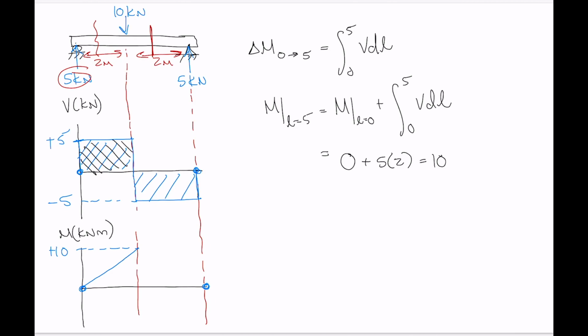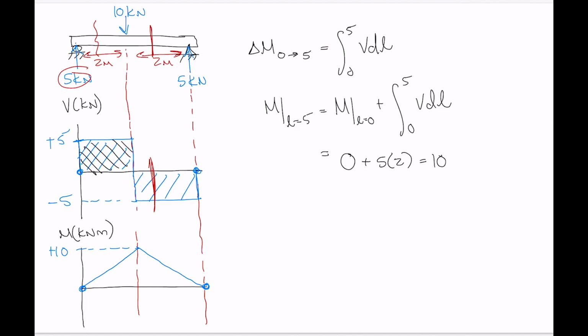All right, now we're moving into the next portion of the curve right here. And what we need to look at is just the value of shear, because that gives us the slope of the moment diagram. So the value of shear is -5, so the slope of the moment diagram is -5. Linear line with a negative slope.